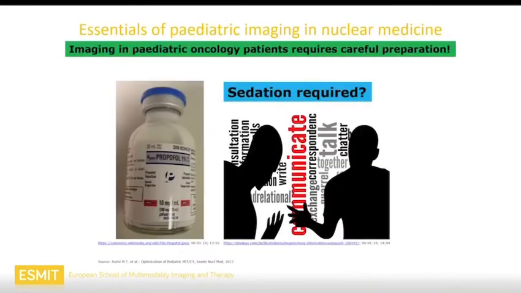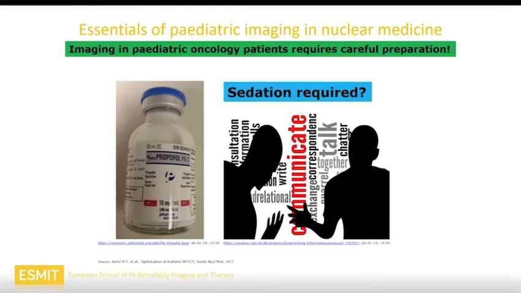Be aware of potential risks you expose the young patient to when performing nuclear medicine scans. One risk is a potential neurotoxicity related to frequent need for sedation or general anesthesia in children. Again, it is all about communication.